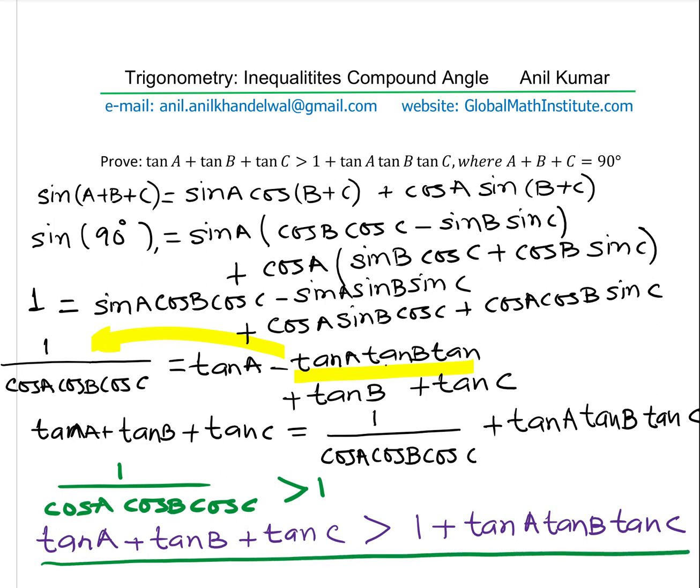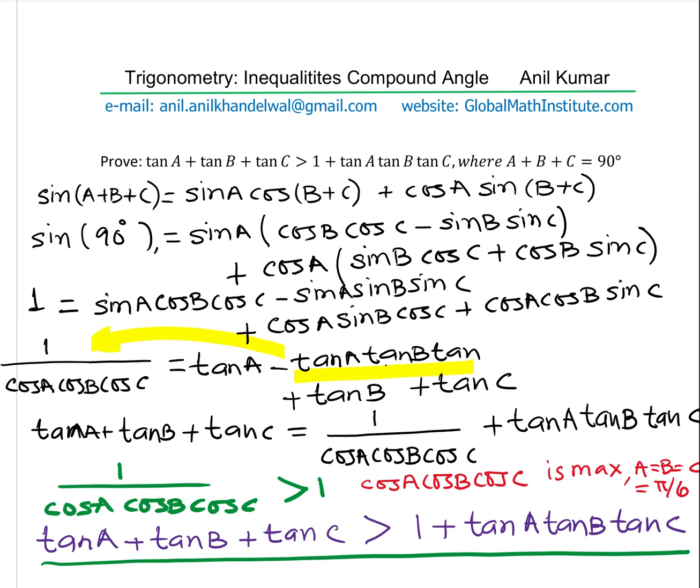Right? So that is how you can actually prove this inequality. Cos A cos B cos C is maximum for A equals B equals C, which will be pi by 6 in this case, right?